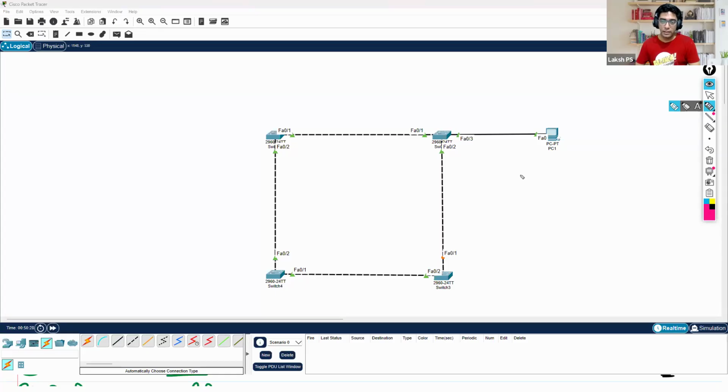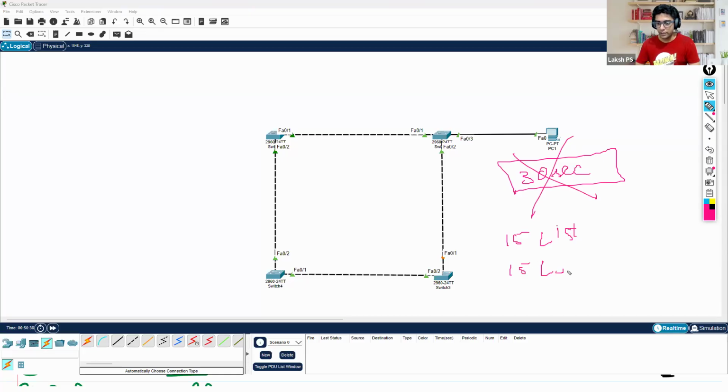Port fast is basically used to avoid this 30 seconds of timer, which involves 15 seconds of listening state and 15 seconds of learning state. To avoid these timers, port fast is used.